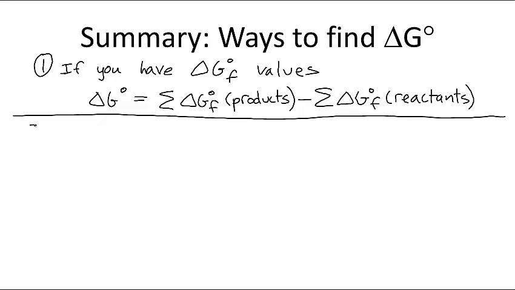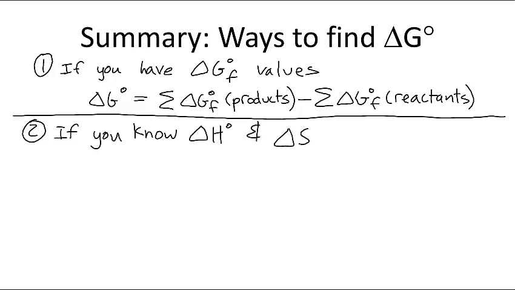A second way is if you know delta H naught and delta S naught, then you can use delta G naught equals delta H naught minus T delta S naught.